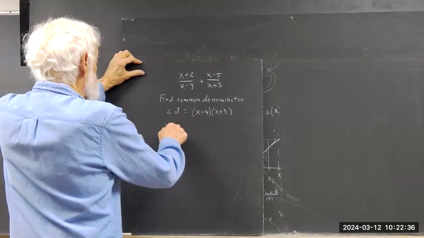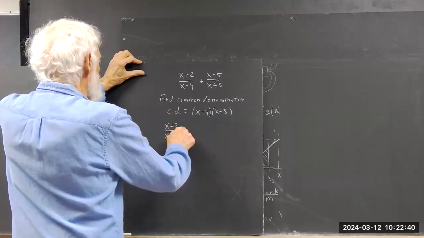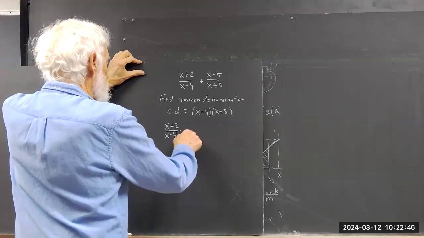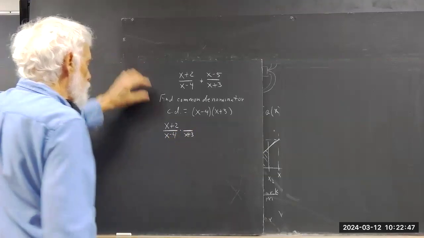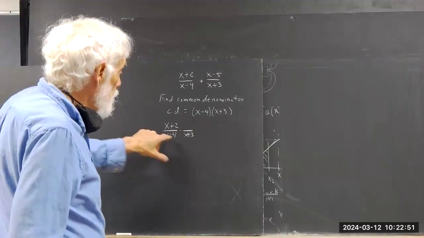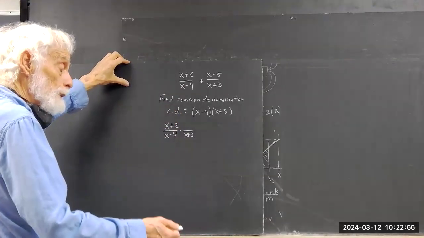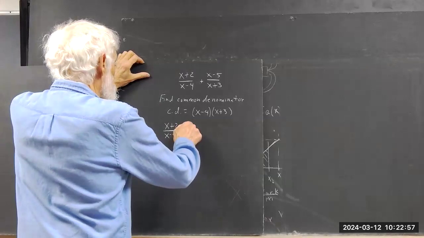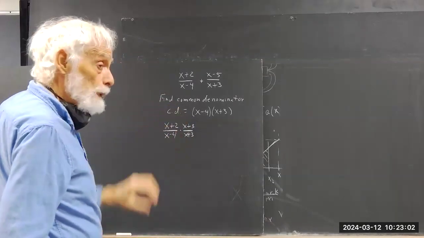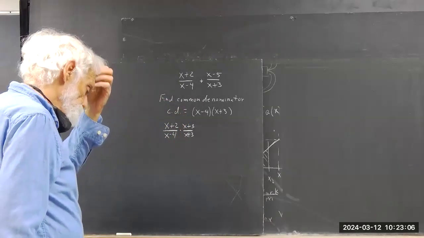We have x plus 2 over x minus 4, and we're going to multiply it by a fraction whose denominator is x plus 3, because then our denominator will be x minus 4 times x plus 3. Now, we can't just multiply by like 1 over x plus 3 because we would change its value. If we multiply by x plus 3 over x plus 3, we're just essentially multiplying it by 1. And that's not going to change its value.